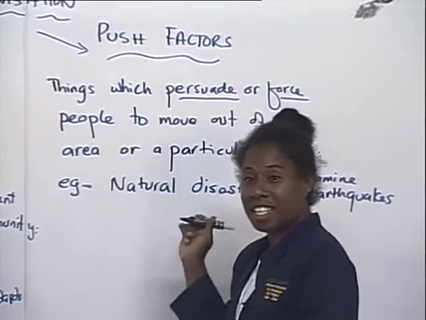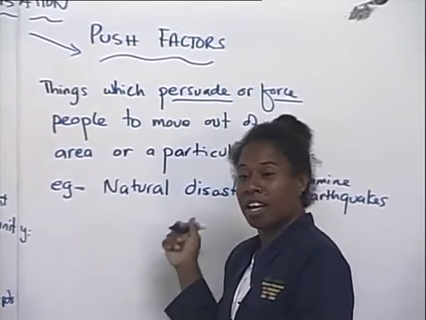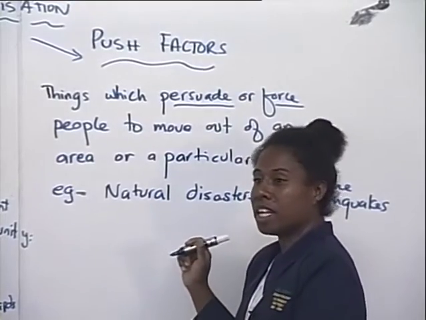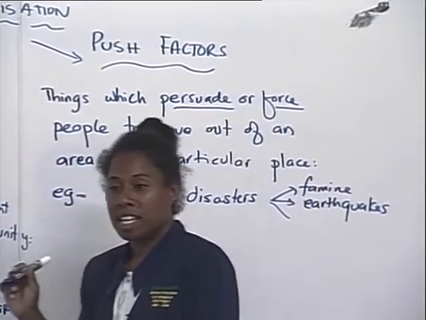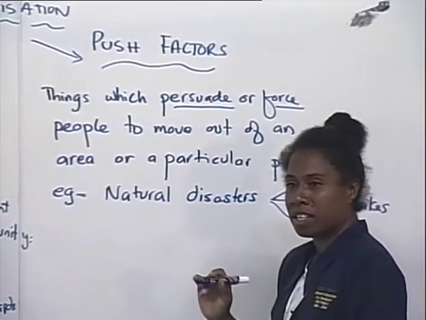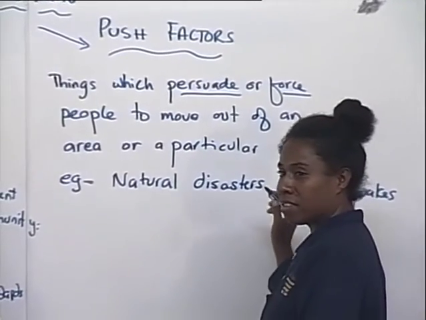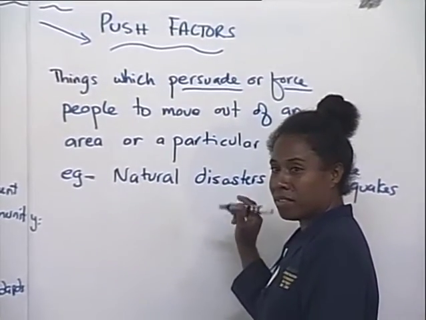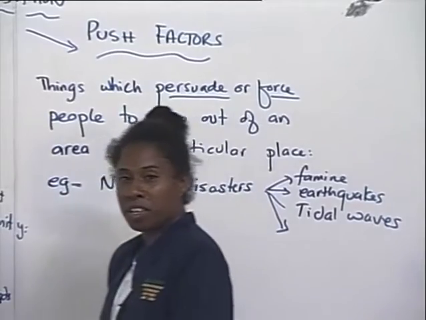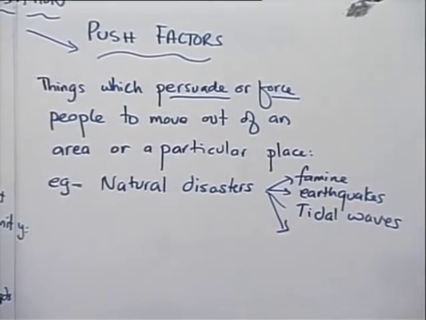The disasters that are actually caused by earthquake will definitely force people to also leave. Yes, definitely. He's correct. Any others? Salesi, examples of natural disasters besides famine and earthquakes? Tidal waves. Okay, tidal waves. If you want to be specific, then we say tsunami, correct?